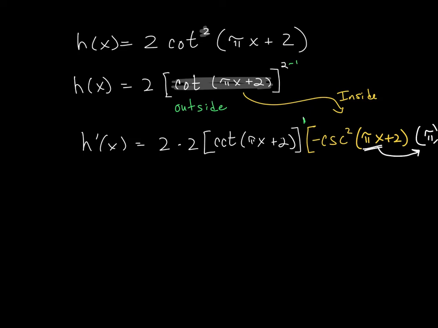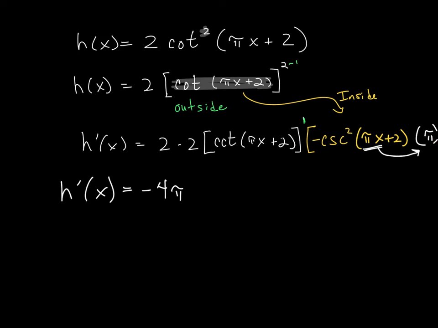So we are all left with h prime of x is equal to negative 4 pi. I'm getting the negative 4. It's 2 times a negative times a pi. Remember, all of this is being multiplied together, so I'm just pulling the non-trig functions together.